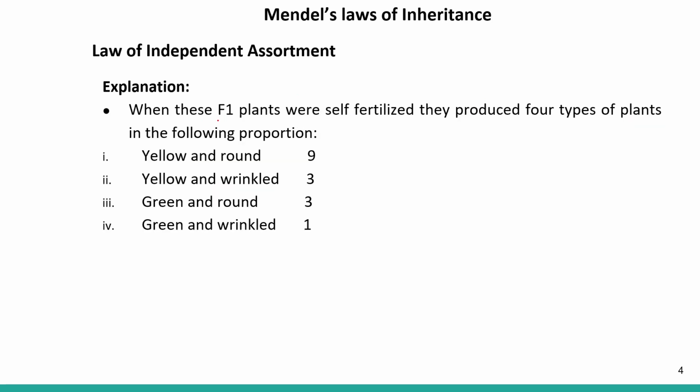When these F1 plants were self-fertilized, they produced 4 types of plants in the following proportion: yellow and round, yellow and wrinkled, green and round, green and wrinkled. So we have 4 different combinations, in the ratio of 9:3:3:1, total 16. So this was the law of independent assortment by one example.